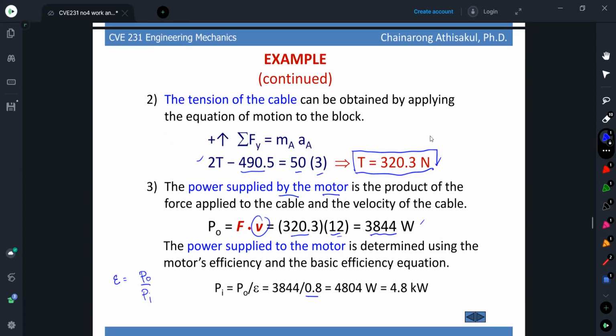So we can solve for the input power, which is equal to 4,804 watts, or simplified, 4.8 kilowatts. Let's complete this problem.